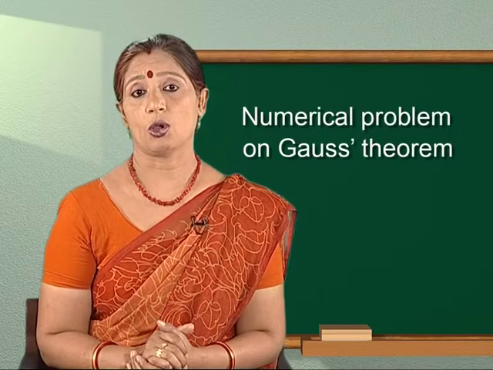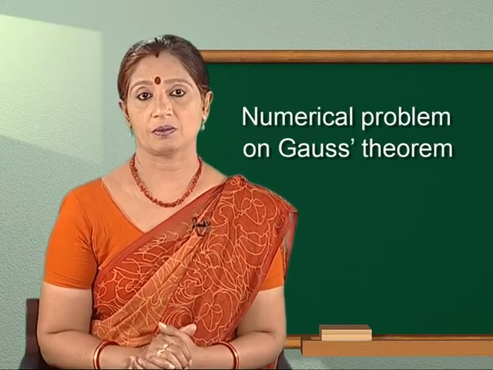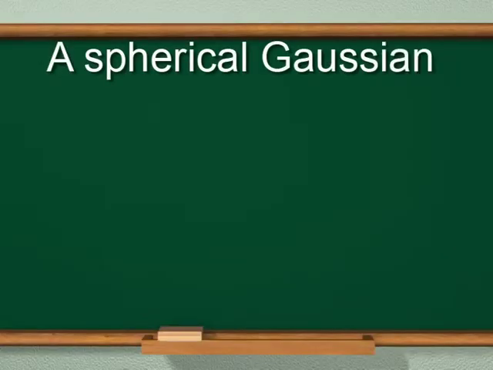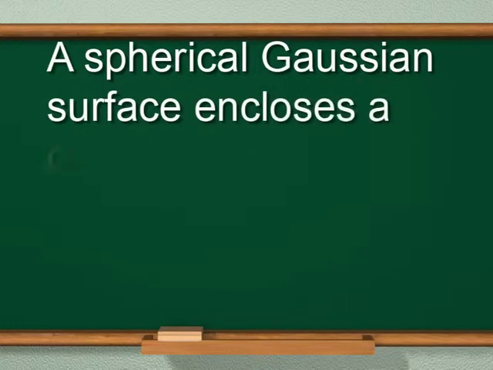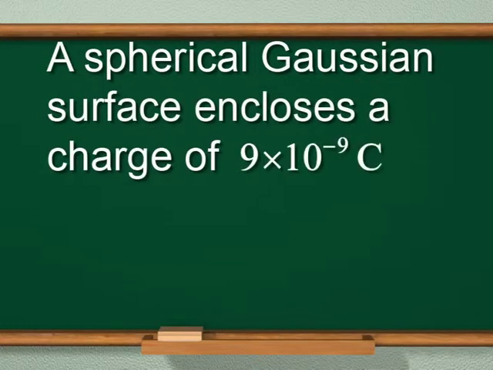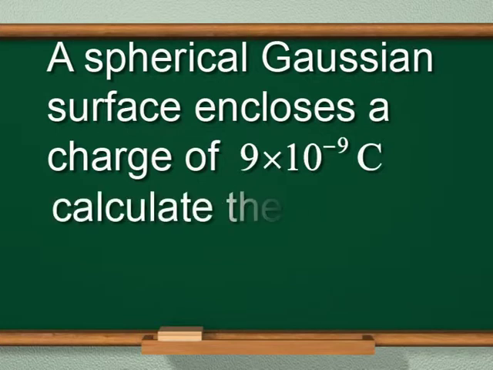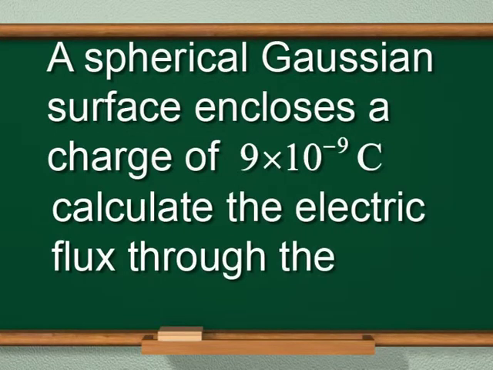Let us now solve a numerical problem. A spherical Gaussian surface encloses a charge of 9 into 10 raised to the power minus 9 coulomb. Calculate the electric flux through the surface. Since the electric flux through the surface is given by capital Phi equal to Q by epsilon naught.